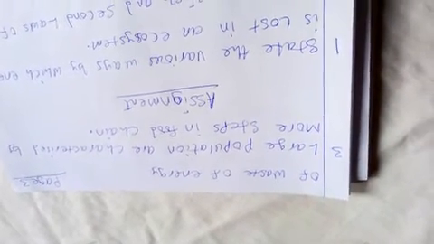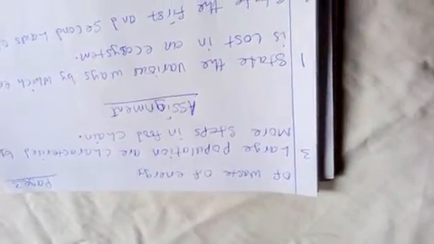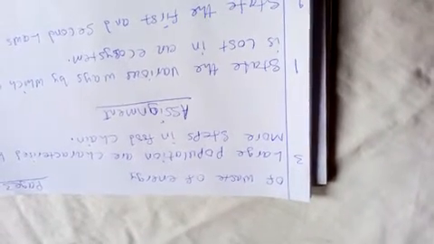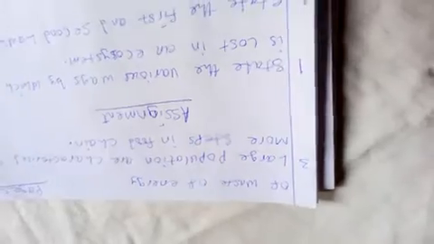Biomass also keeps on decreasing. The mass of the organisms also decreases from the producer to the top level. The number of organisms also decreases from the bottom to the top of the pyramid.